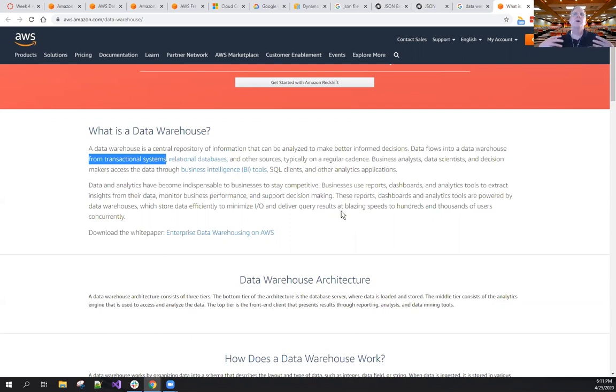It's like metadata, data about data. It comes from relational databases and other sources, typically on a regular cadence. Business analysts, data scientists, and decision makers access data through business intelligence tools, SQL clients, and other analytics. So that gives you a reminder of what a data warehouse is.